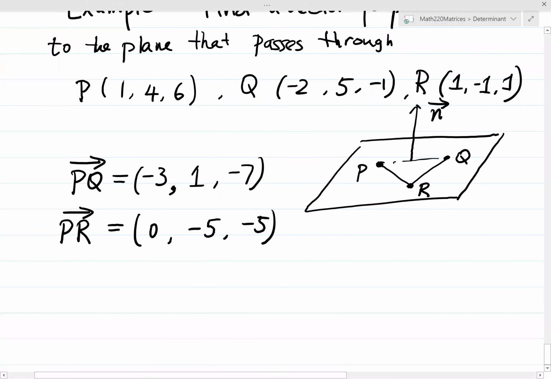Now remember, PQ cross PR is perpendicular to PQ and it's perpendicular to PR.